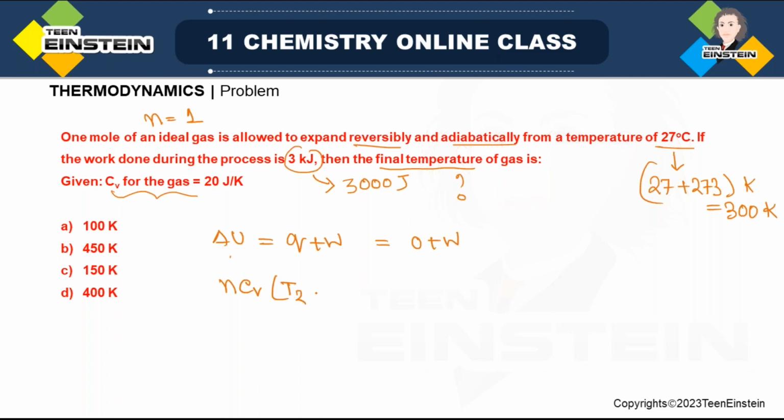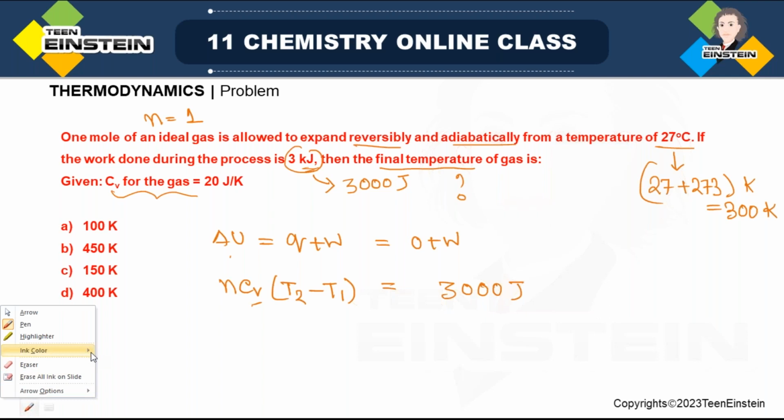That means T2 minus T1, final temperature minus initial temperature, 2 and 1. You can also write Tf minus Ti, and W, that value is already given, 3000 joule. Be very careful, it is kilojoule. Don't put 3. It will be 3000 because the left hand side unit will be joule.